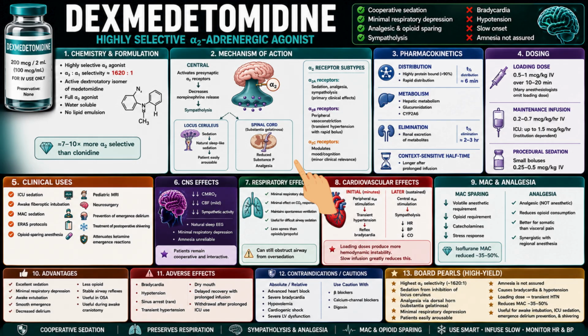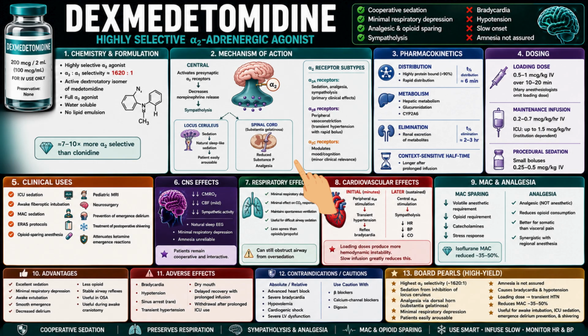The patient is calm, quiet, sedated, but can be aroused with stimulation and will fall back to rest when stimulation stops. At the spinal cord, specifically the substantia gelatinosa of the dorsal horn, α₂ receptor activation reduces substance P release, producing analgesia. This is the mechanism of dexmedetomidine's analgesic properties.